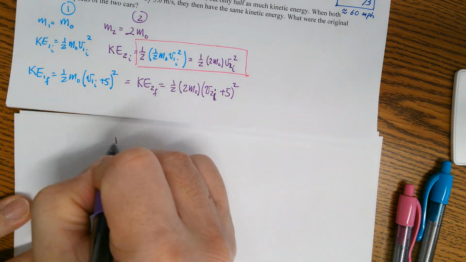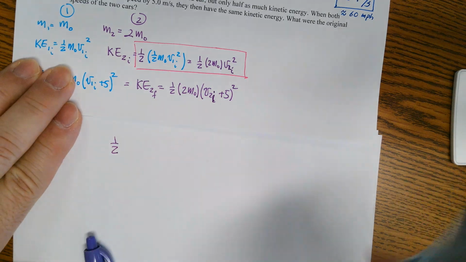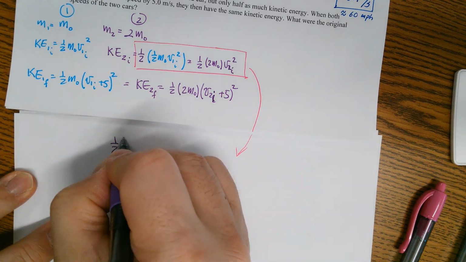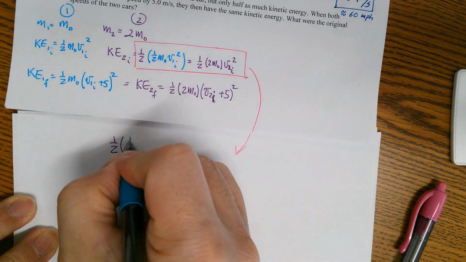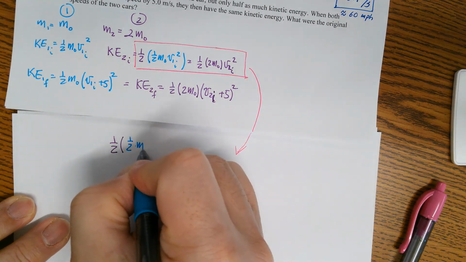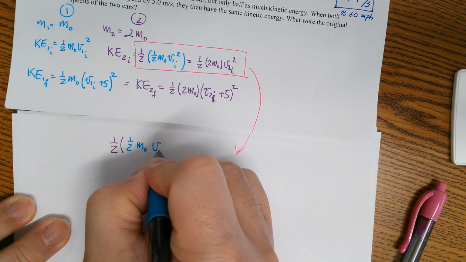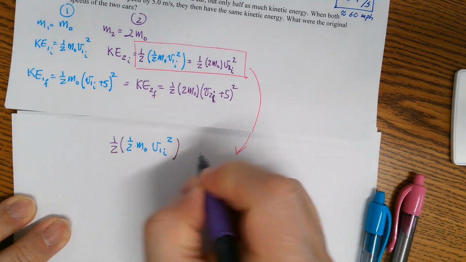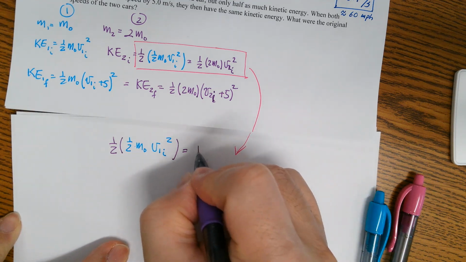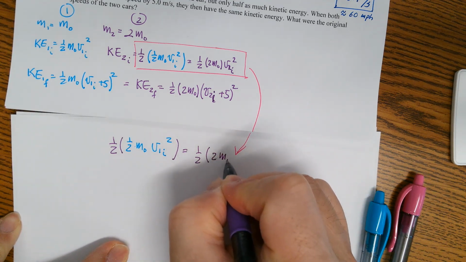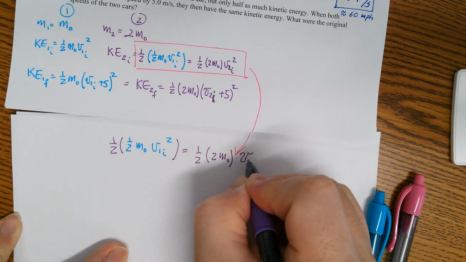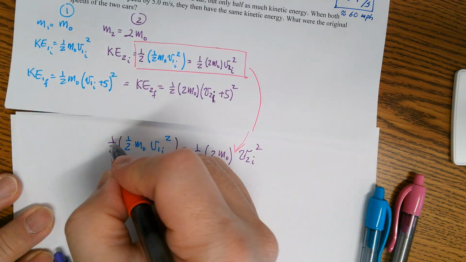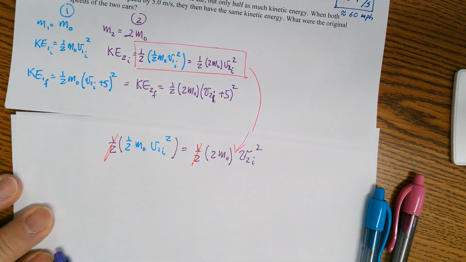So here, 1/2 of 1/2 MO V1 initial squared must equal 1/2 of 2MO times V2 initial squared. I'm going to cancel out the 1/2s first.